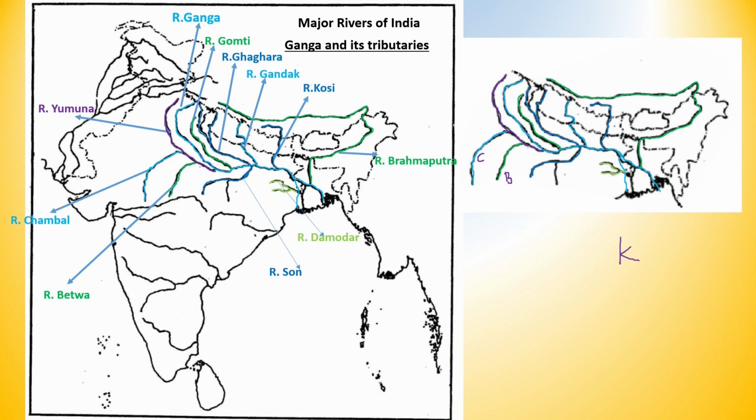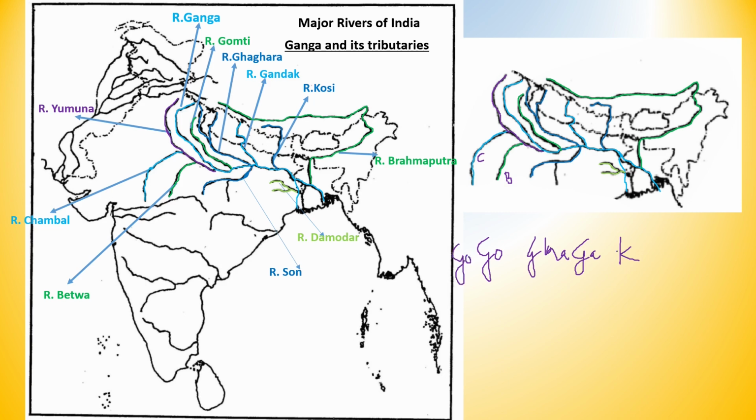And now, to remember all these tributaries, first is Kosi, K, then you will go G, A, G, O, then G, H, A, and G, O. Again, it is coming to Ganga.